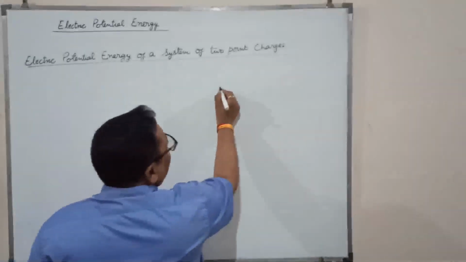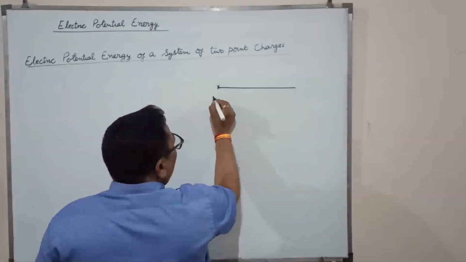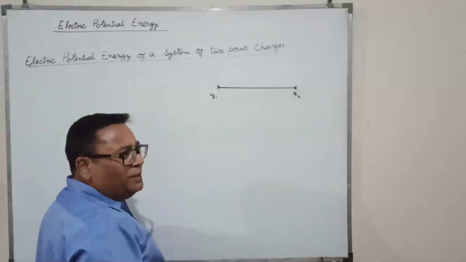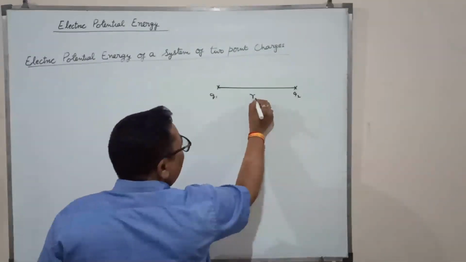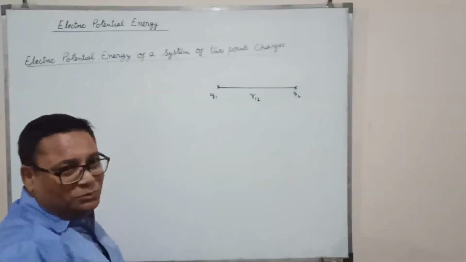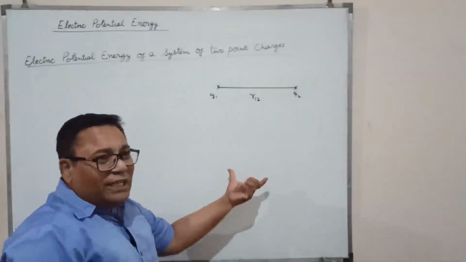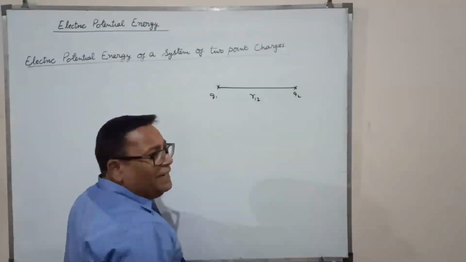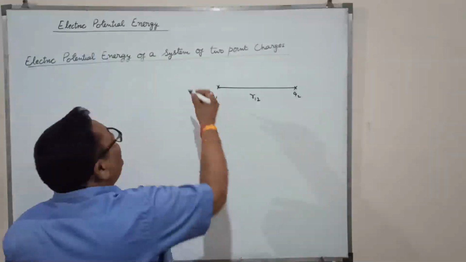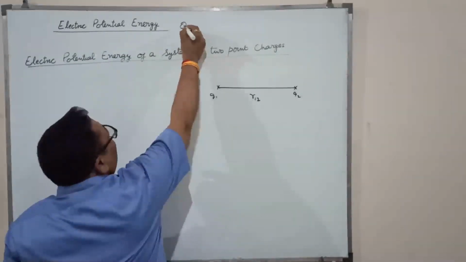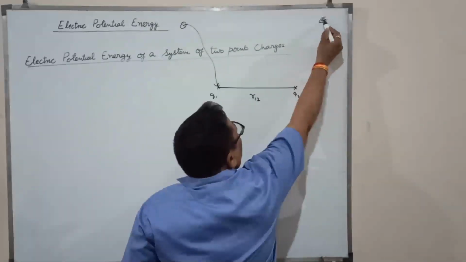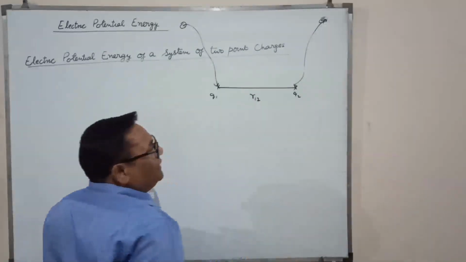Let Q1 and Q2 be the two charged particles separated by a distance r12. Initially, both the charged particles are lying at infinitely large separation and we have to bring this charge to its respective position and this charge to its respective position.